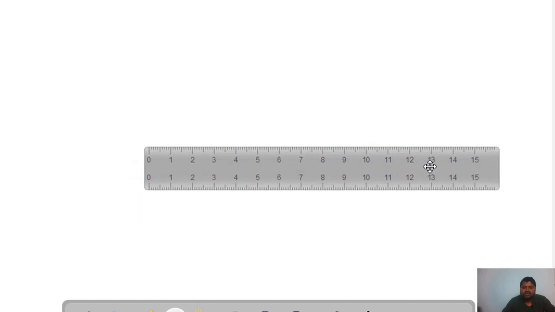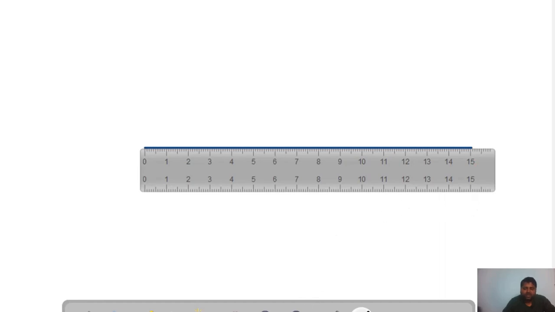Here we draw the number line segment from 0 to, suppose, 15.